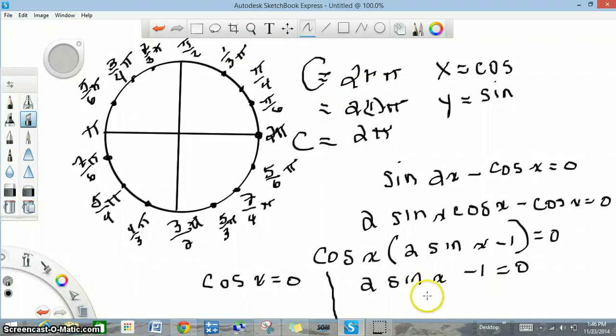The equation on the right-hand side can be solved algebraically to say that the sine of x equals 1/2 by adding 1 and then dividing by the 2. So what we need to do is find all the instances in a lap around the unit circle where the cosine equals 0 and the sine equals 1/2, and then that will give us our answer.